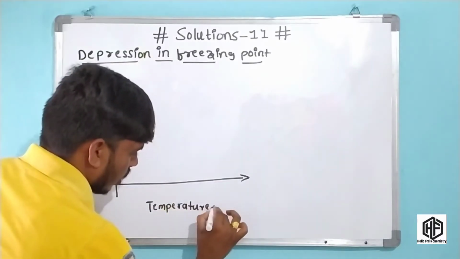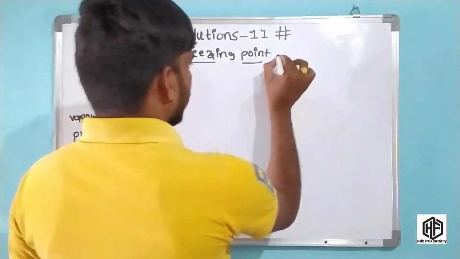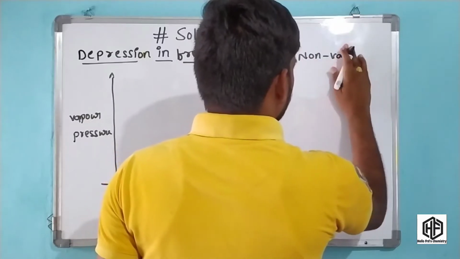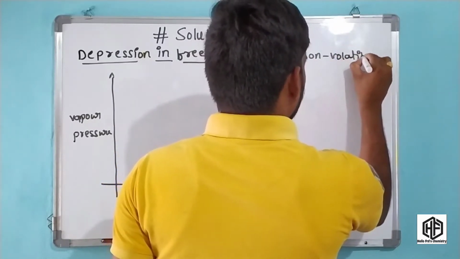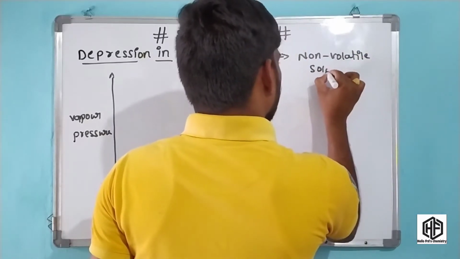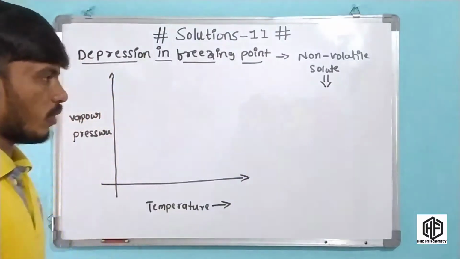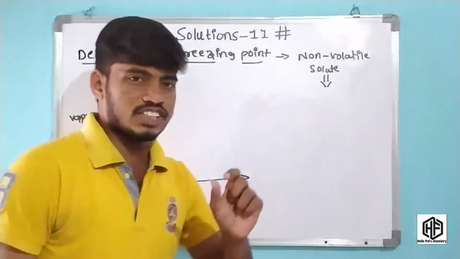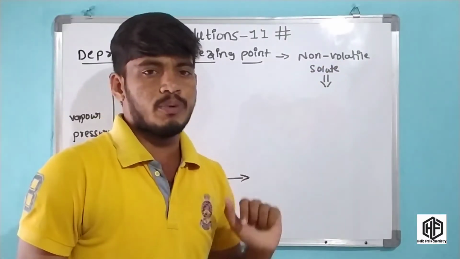Now we have to consider a non-volatile solute present in the pure solvent. First you have to represent the vapor pressure and temperature graph. A non-volatile solute is added to the pure solvent.